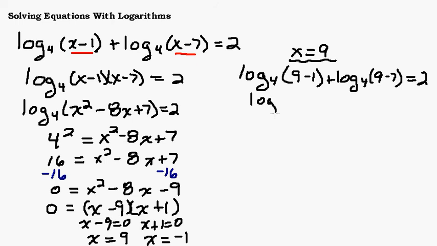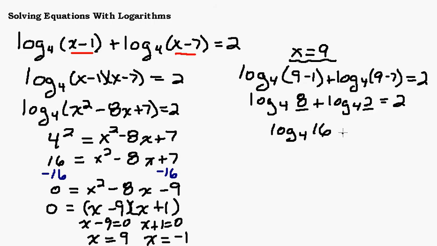That would give me log base 4 of 8 plus log base 4 of 2 equals 2. I'm going to use the rule and combine these together. So I get log base 4 of 8 times 2, which is 16, equals 2, and then convert it to exponential form. 4 squared is 16. That's true. Excellent. The 9 worked.